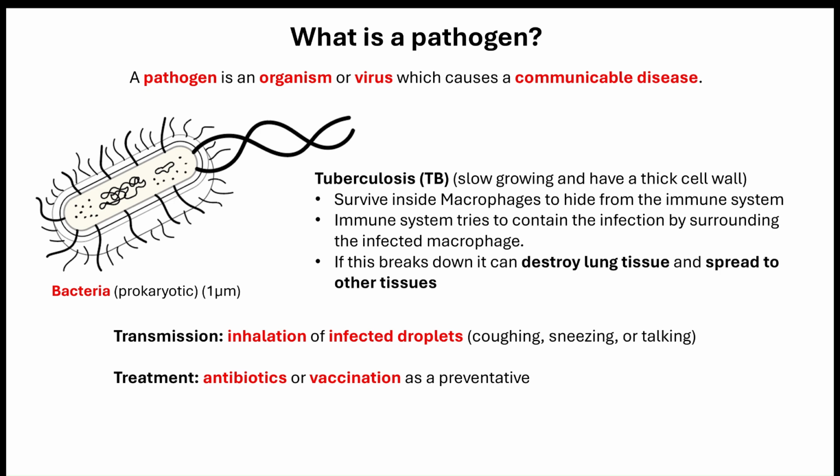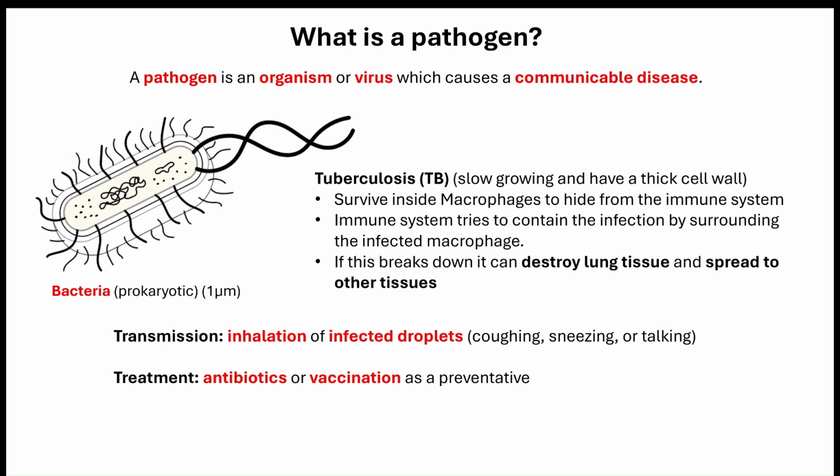So the treatment, if someone does have tuberculosis, would be giving antibiotics or a vaccination as a preventative. Again, this is a way in which they could be assessing your knowledge on antibiotics and how we should give and use them, or vaccinations and how the vaccination would result in the active immune system being useful in preventing the spread of TB.